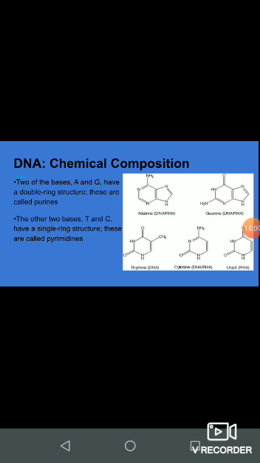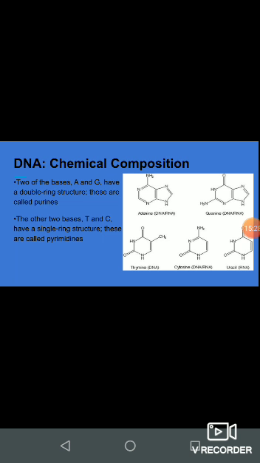Here, these are the four different types of nitrogen bases present within the DNA. DNA is made up of nucleotides, as we all know.